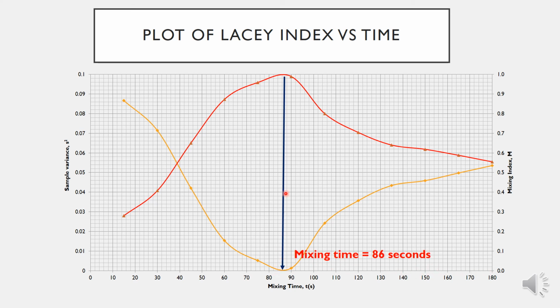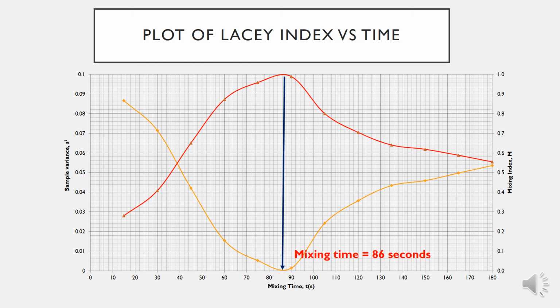Beyond this point, the quality of the mixture is dropping. The first question is asking, what is the best mixing time? From the graph, the best mixing time is more or less around 86 seconds. If you answer around 86 or 84, that should be all right.